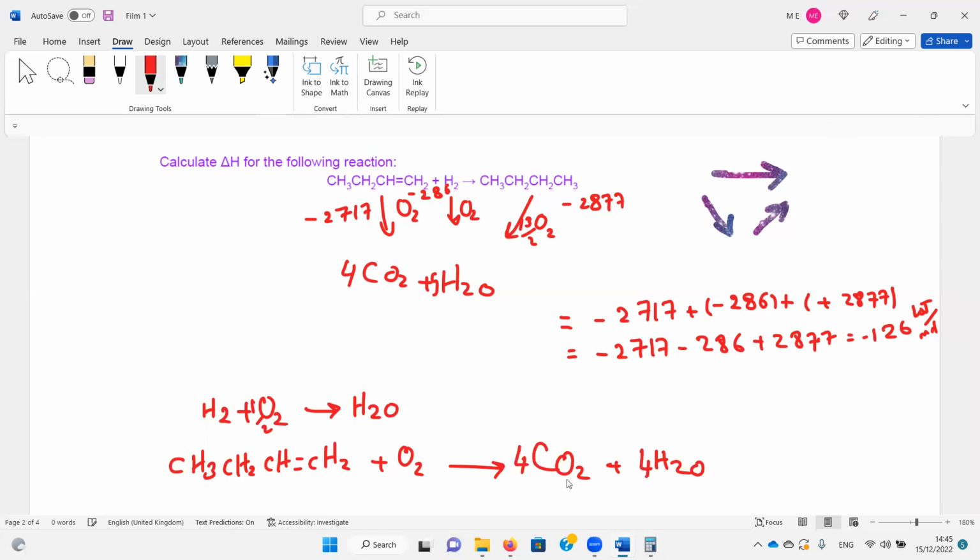So this is 4. And therefore, basically, here you have 4 times 2, that is 8. And here you have 4 times 1, that is 4. So 4 and 8 is 12. And here we have O2. So here you will add 6 in order to balance the chemical equation.